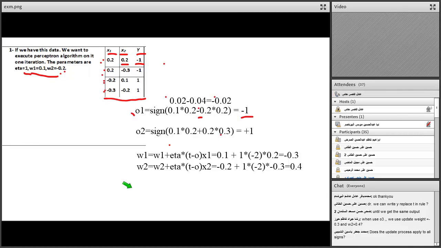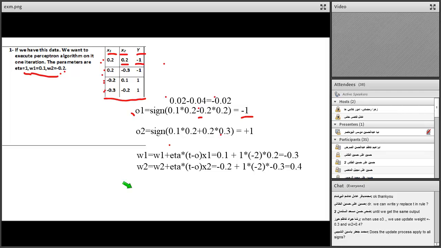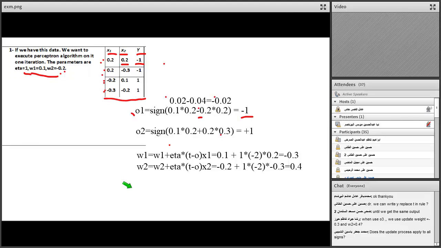O3 is equal to sine of W1, which is minus 0.3, multiplied by minus 0.2, plus W2, which is 0.4, multiplied by 0.1.